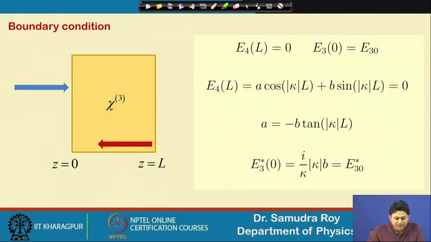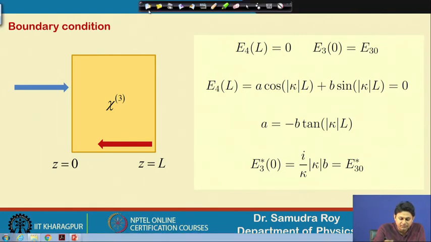As I mentioned, E3 is coming from this side. This is our E3, but E4 is generated inside and then moving out. So, initially E4 comes and reflects here.